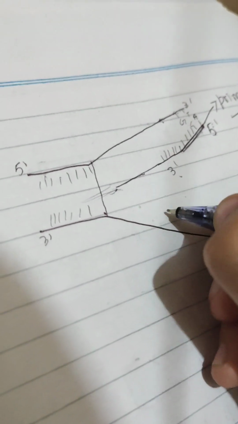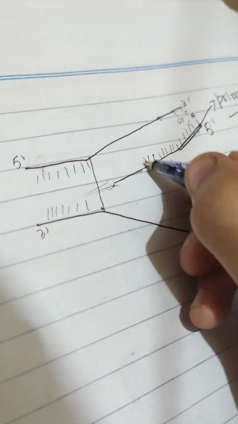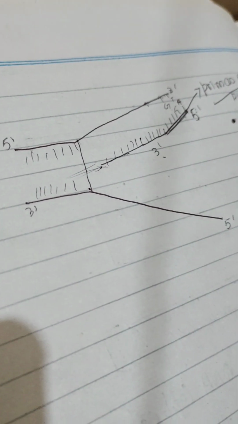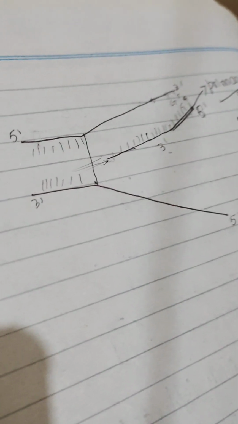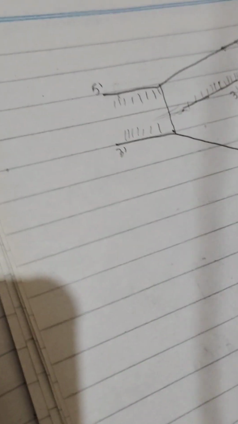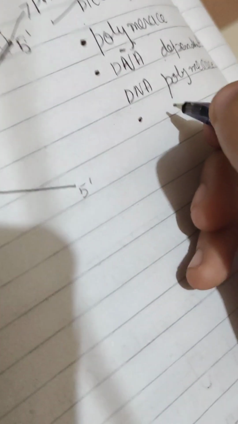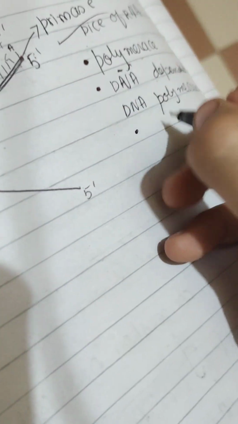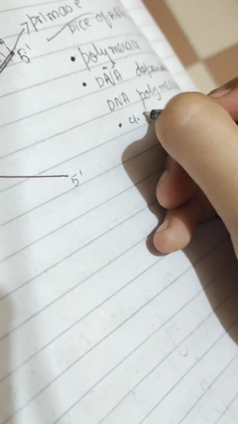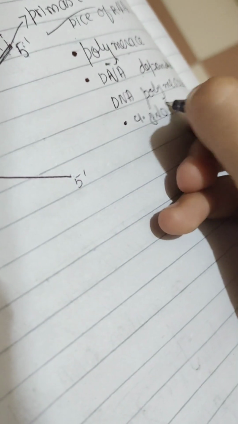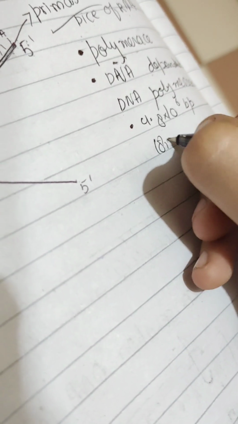So the strand is forming, and this is how the DNA polymerase enzyme will work. I am going to tell you more about it. As I told you, it is a very efficient enzyme.